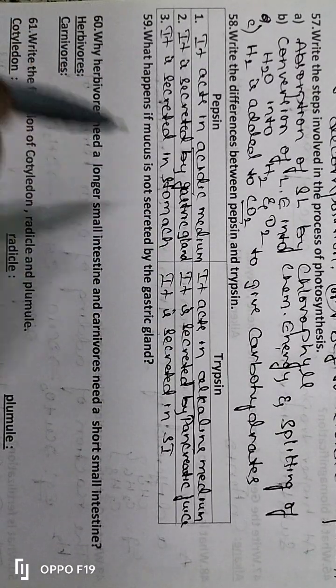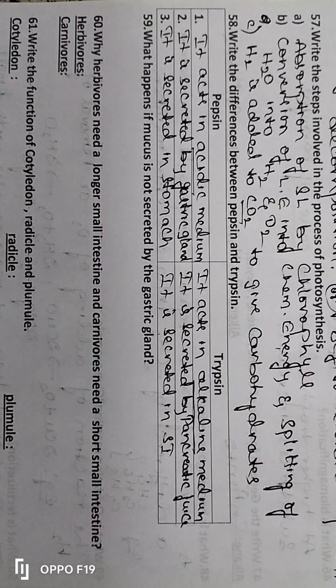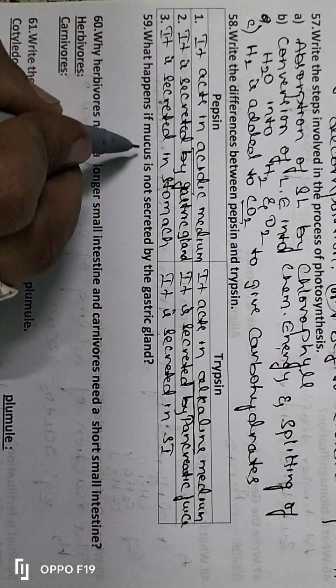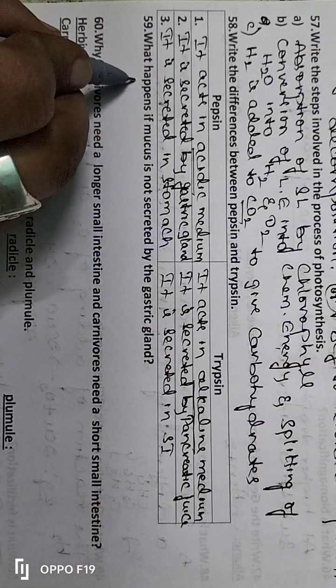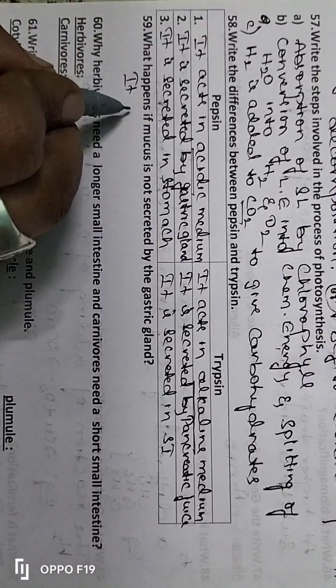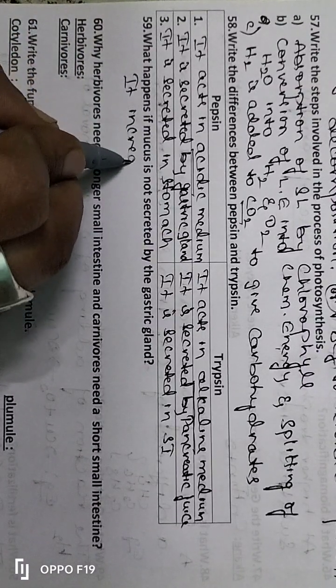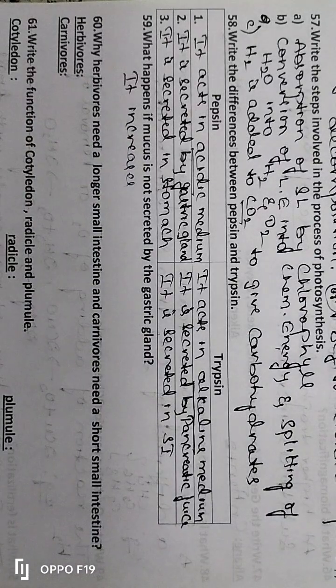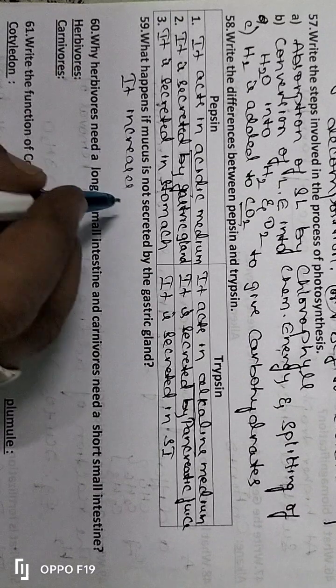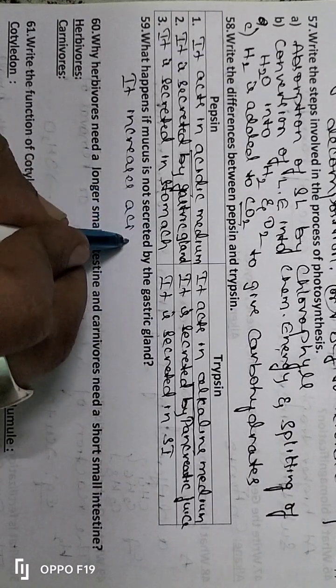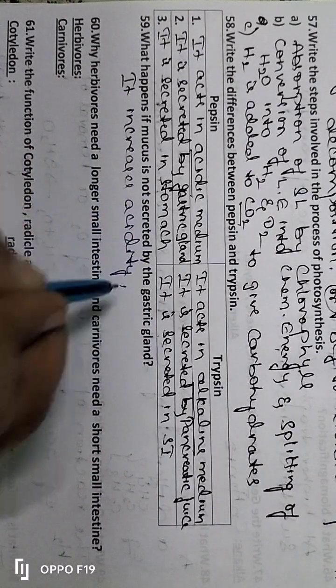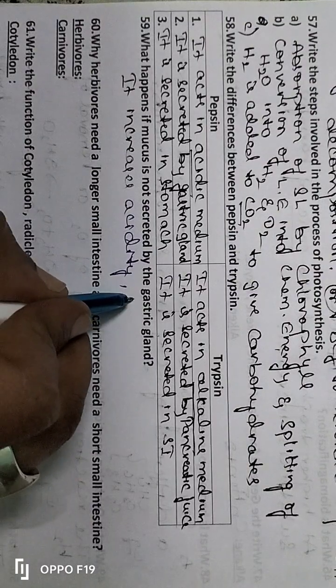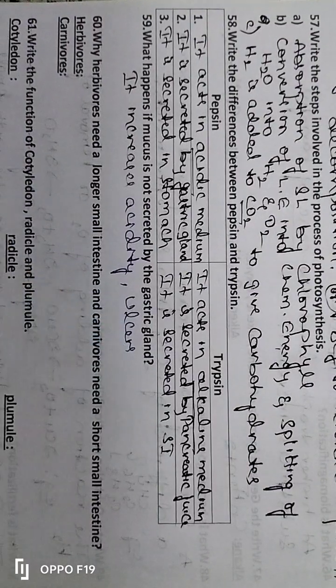59th question, what happens if mucus is not secreted by gastric gland? If mucus is not secreted, it increases acidity. Then it causes ulcers.